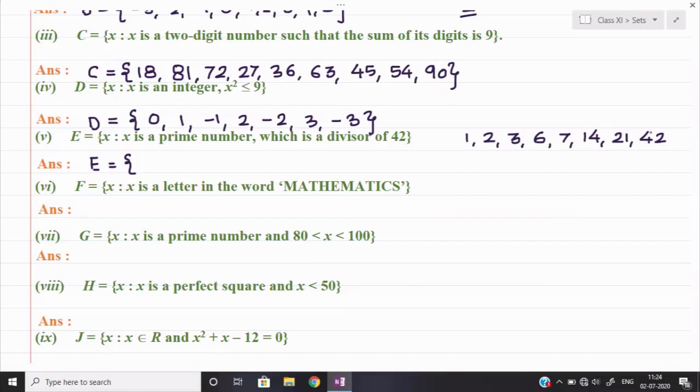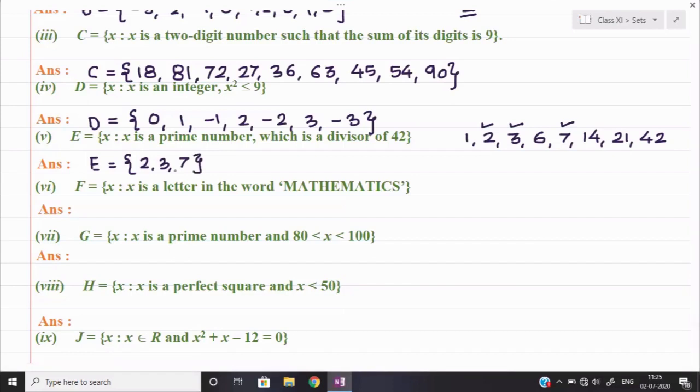Now out of these numbers, which are prime? So observe, 2, then 3, and then 7. These three numbers we can say are prime, as well as they can divide 42. So this is your answer for part number 5.